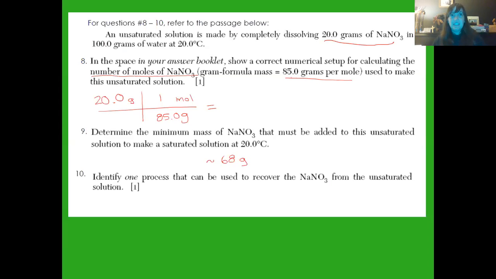So we learned about distillation, filtration, and chromatography. For this one, since it's so well dissolved, we know we can't filter it to get it out. So that means we're going to want to distill, or in other words, boil the water. I can't really think of a way chromatography would be helpful here, so I think distillation is the way to go. Just boil the water and leave the NaNO3 behind.